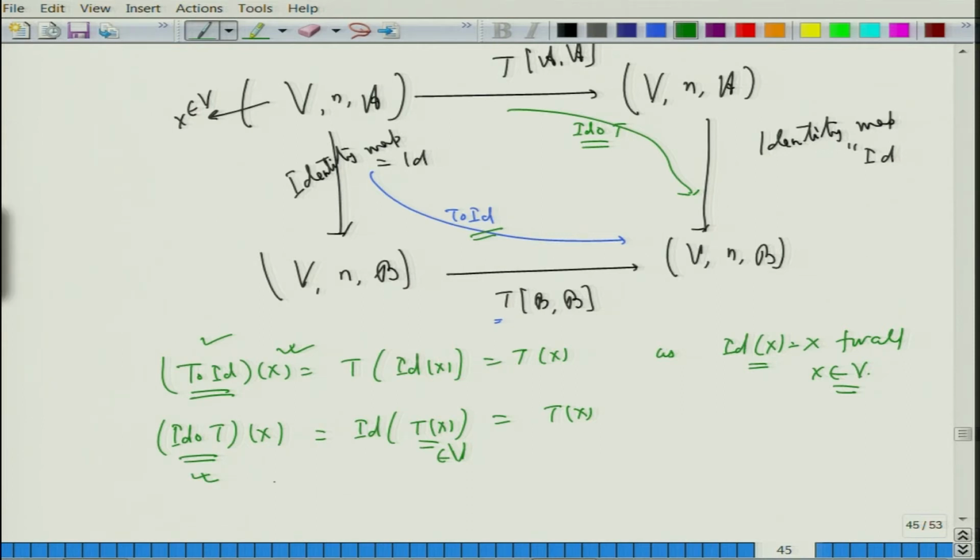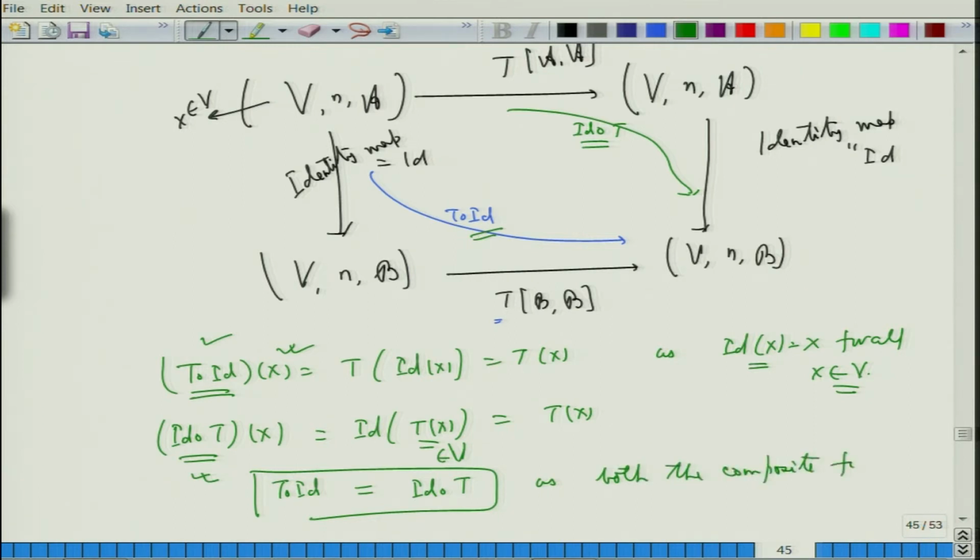All right. So T o identity is equal to identity composed with T, as both the composite functions take the same value Tx for all x belonging to V. Is that okay?